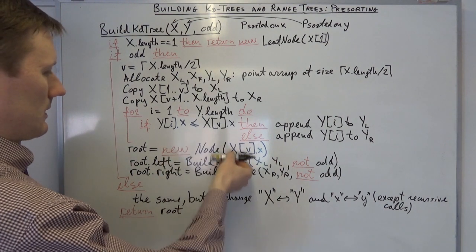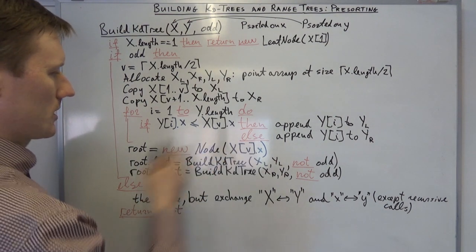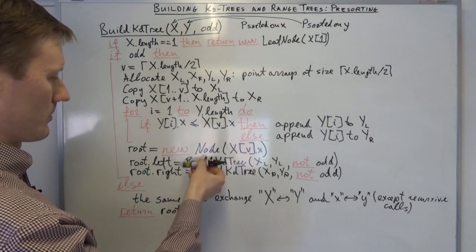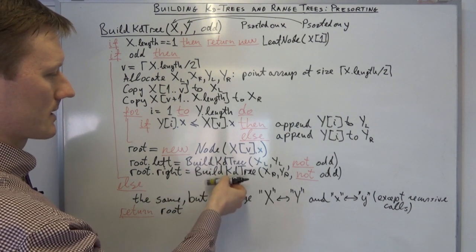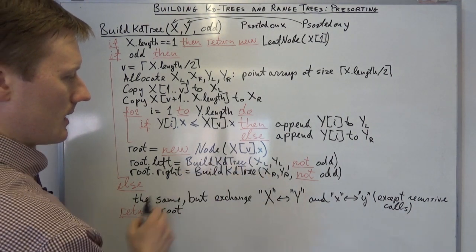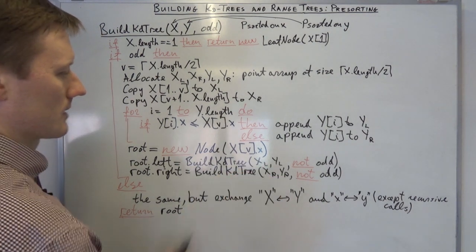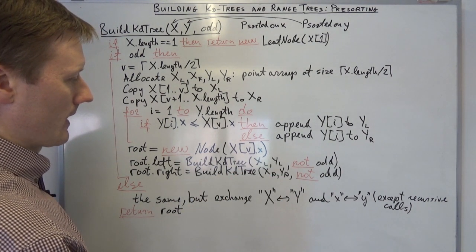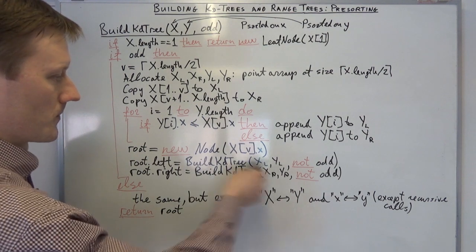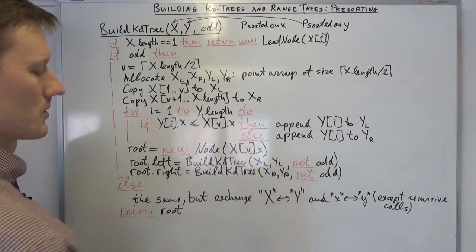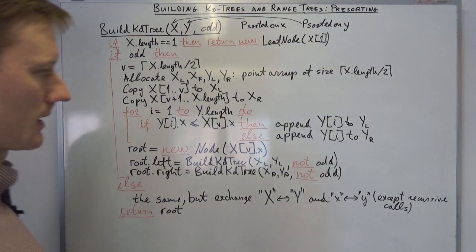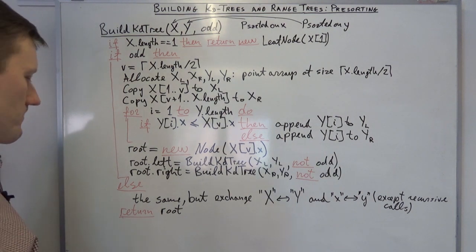Then we can create a new root and build recursively the left subtree and the right subtree, passing these 2 sorted arrays as parameters and flipping the odd flag.